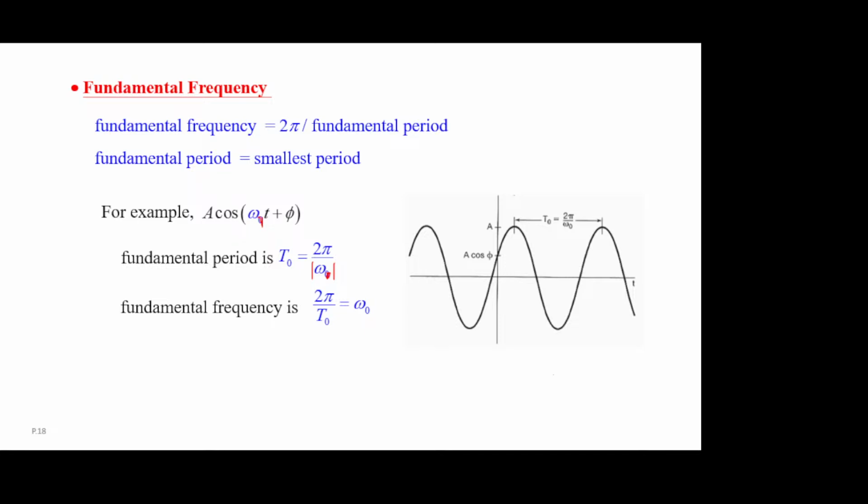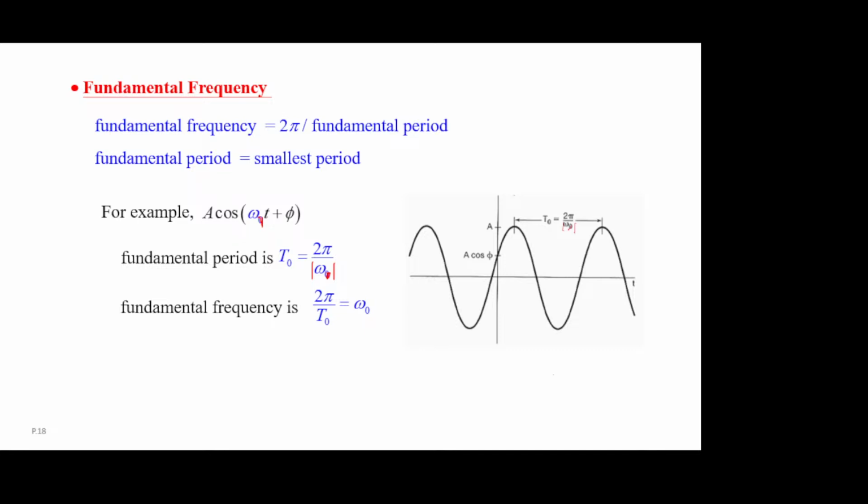This is what we showed. What do we say about the fundamental period of the sinusoidal function? We didn't go into detail, but you can see pretty intuitively from the picture here that the smallest period T naught will be 2 pi divided by the absolute value of omega.